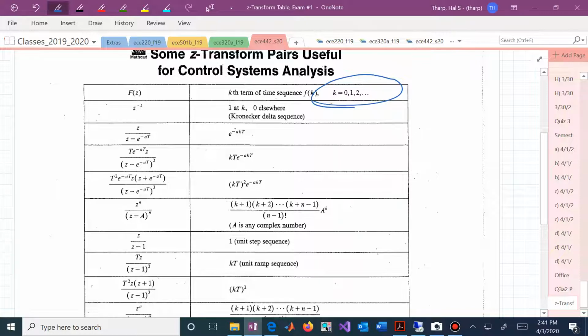So now if we look at the tables, most of them, the ones that you have access to from the website, exam number 1's table is for causal sequences for k. K is consistent with our little n: k equals 0, 1, 2. These transform pairs are relative to causal sequences of time.